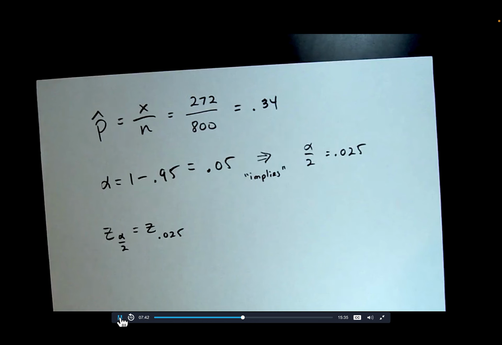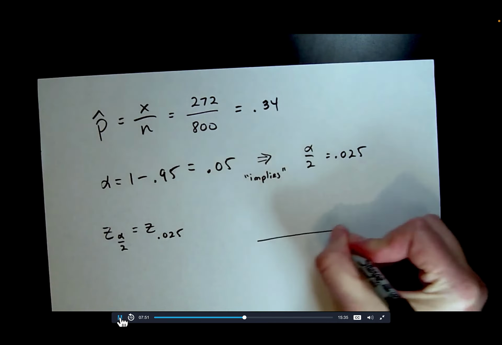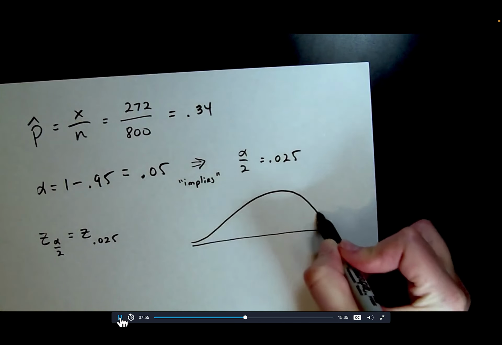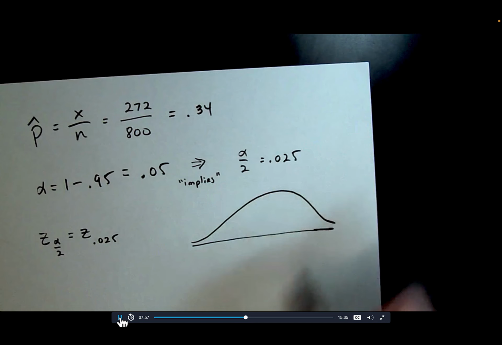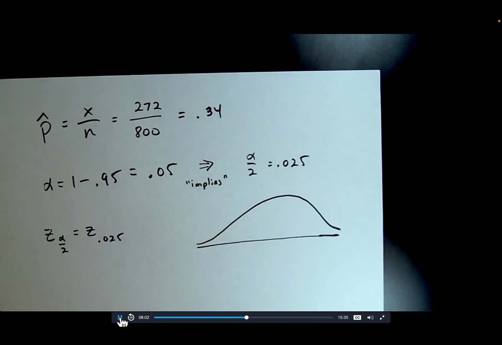Okay, so I'm going to look at the table now to get the z. But let's think about how that's table 5 in the back of the book. Let's remind ourselves how that works. The table tells you the z with the area to the left.